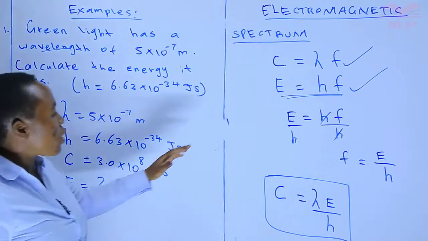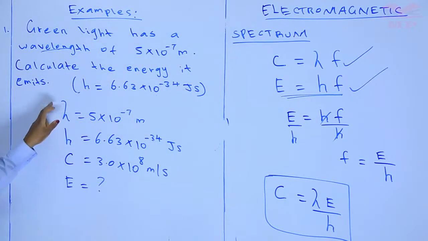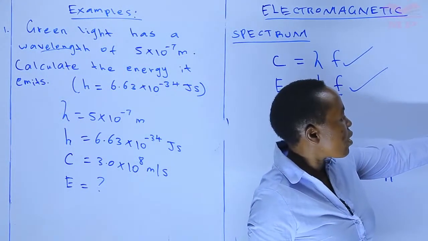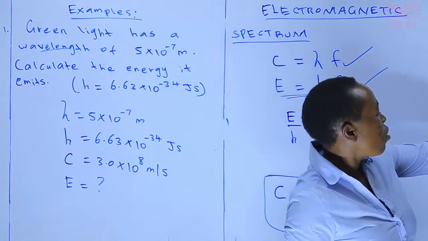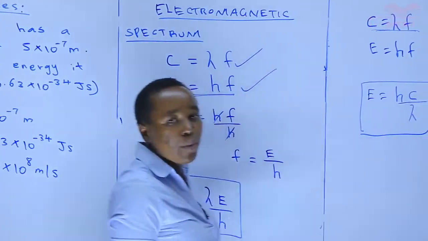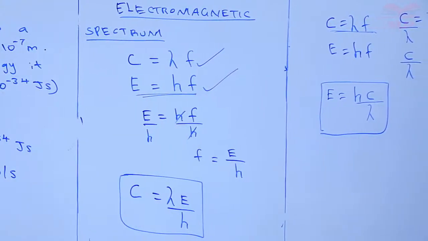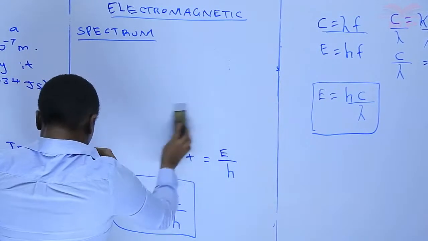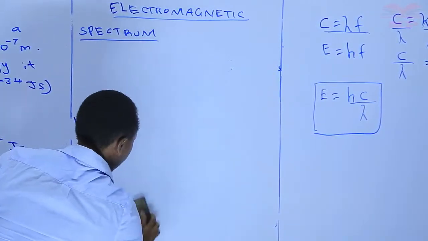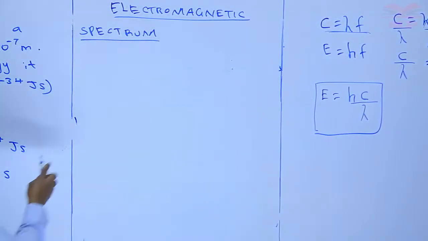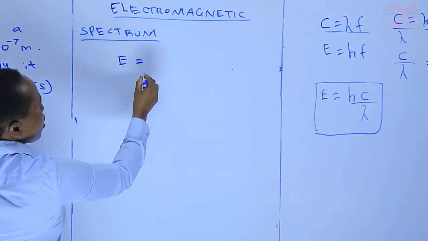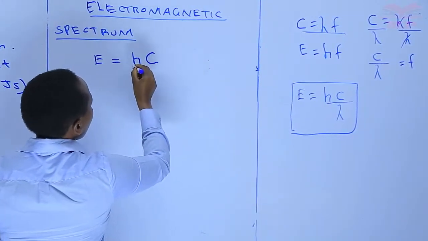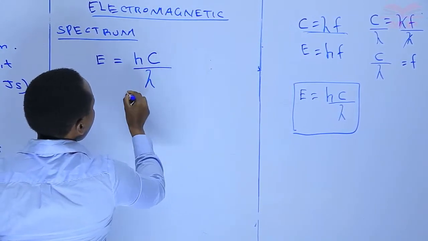So we are calculating the energy. So we can come to the formulas that we have and see which one we are going to apply. So we have the energy, Planck's constant, the speed of light, and the wavelength. So we can apply that formula. Energy is equal to Planck's constant multiplied by the speed of light divided by the wavelength.